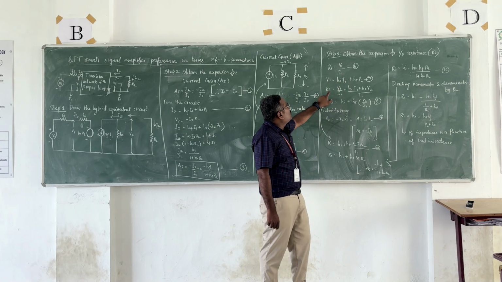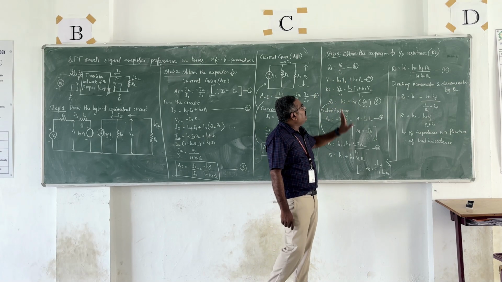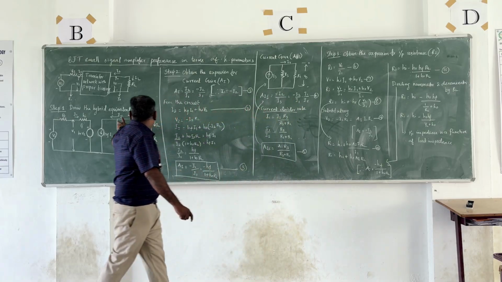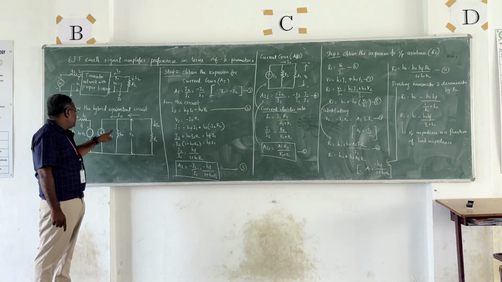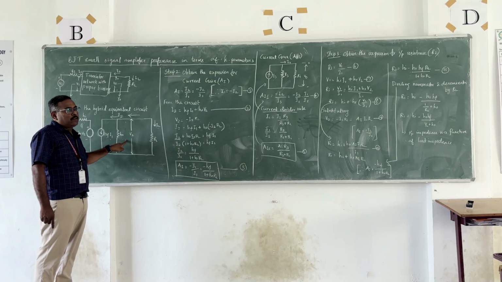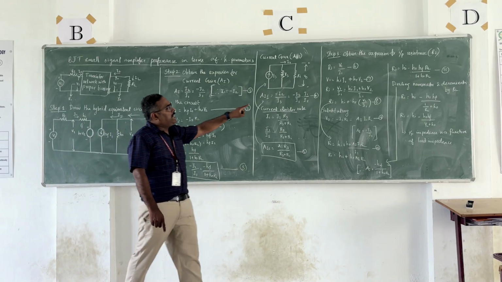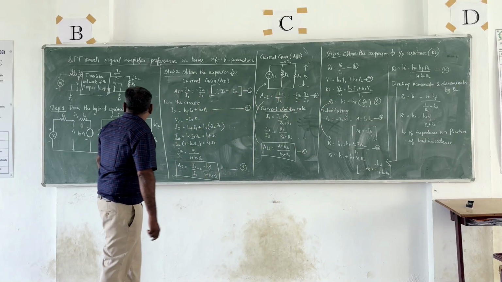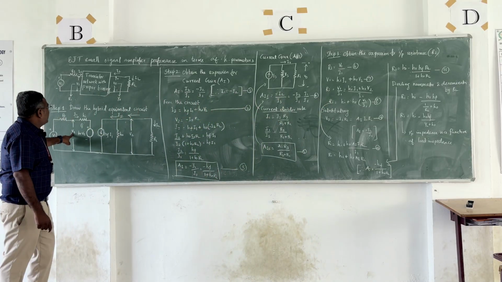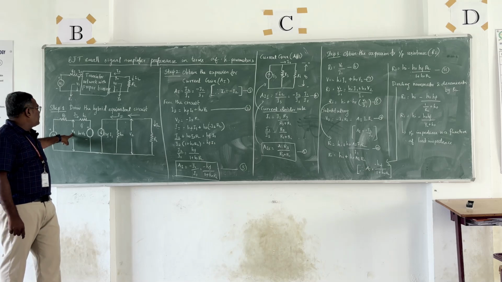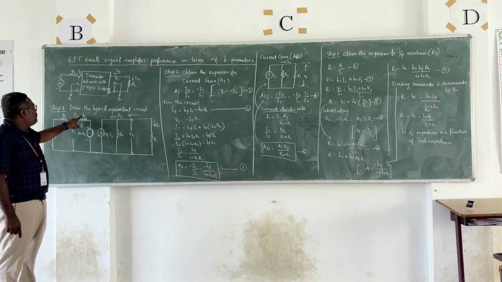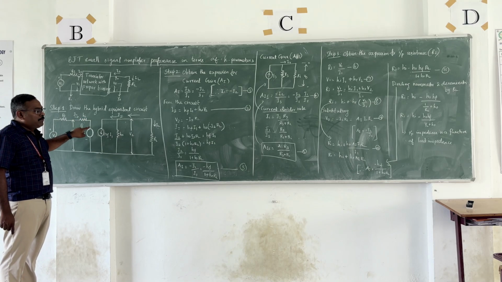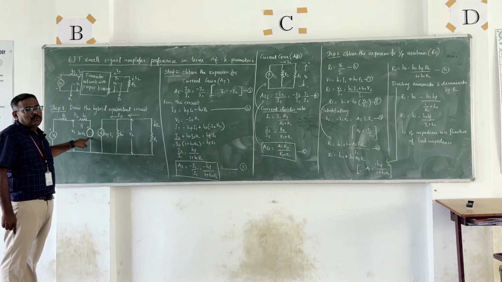Okay. So we know that V1 is equal to, here we write for I2 this value plus this value. Similarly we are going to write V1. V1 is equal to HI into I1 plus HR into V2.